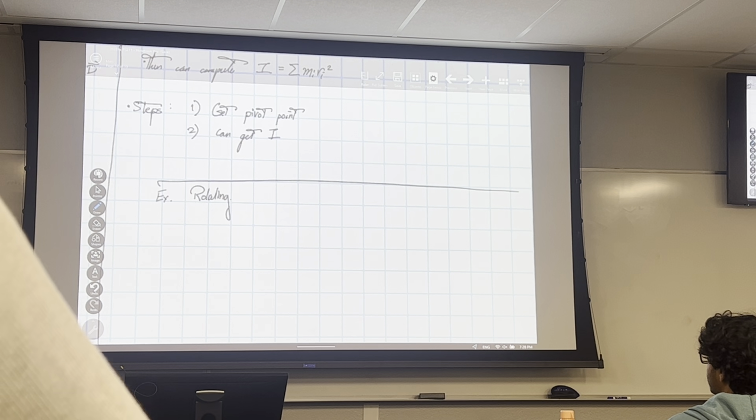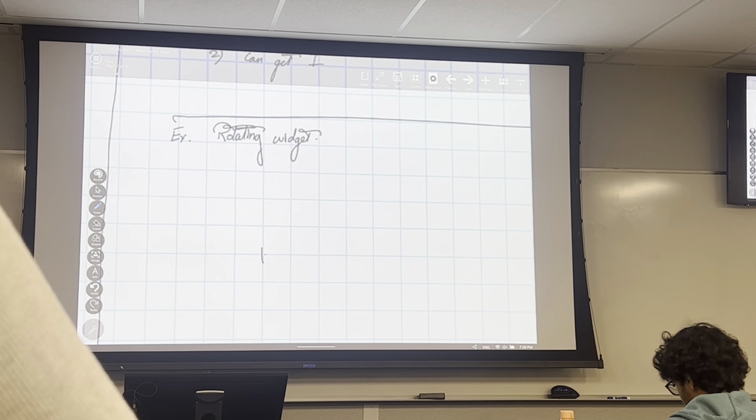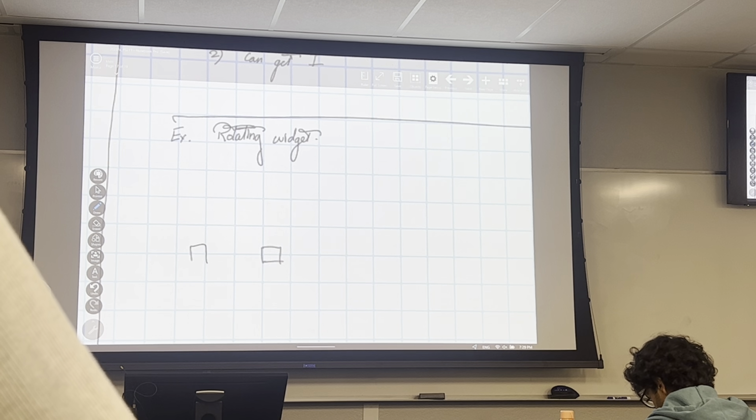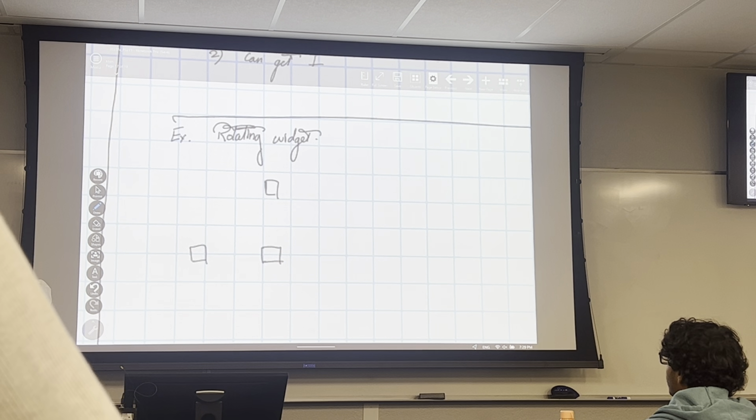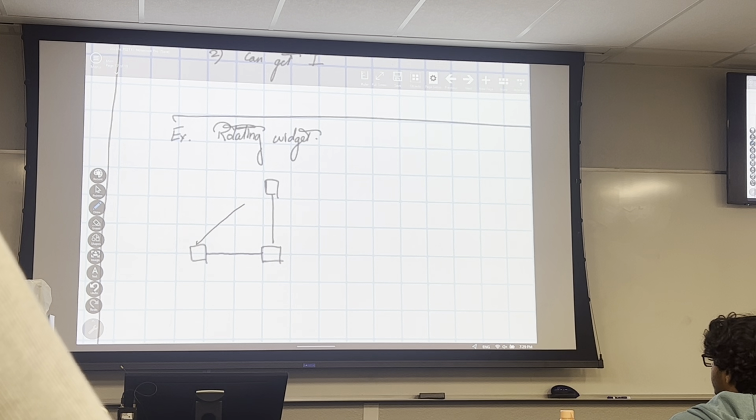Let's look at what is called a rotating widget. So let's say a widget is made up of 3 different blocks, and they are all connected by massless connectors.